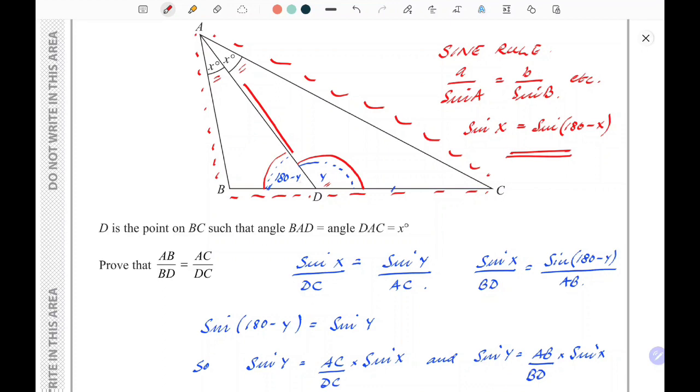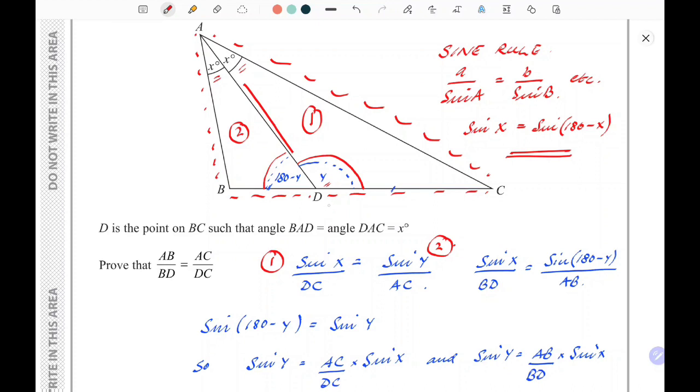All right. So what we're going to write here is that sine of x, using the sine rule as I said, sine of x over DC, from the first triangle. How should I label this actually? Let's call that 1 and let's call that 2. So this is from 1 and that's from 2. All right. So sine of x relating to the opposite side.